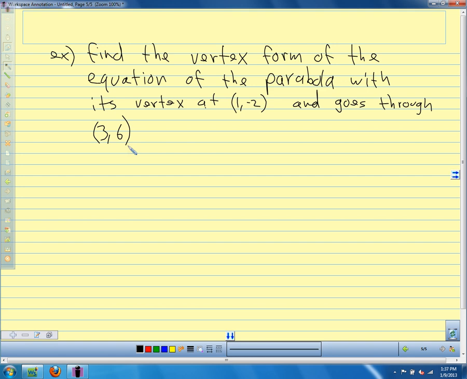Well, first of all, let's remember what vertex form is. What's vertex form for a parabola? f of x equals a times (x minus h) squared plus k. Well, what piece of this equation do we have? The vertex is 1, -2, so that is h and k.